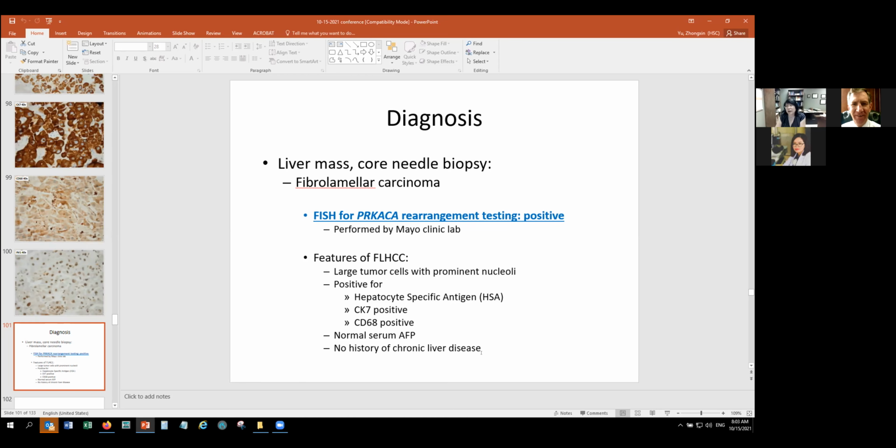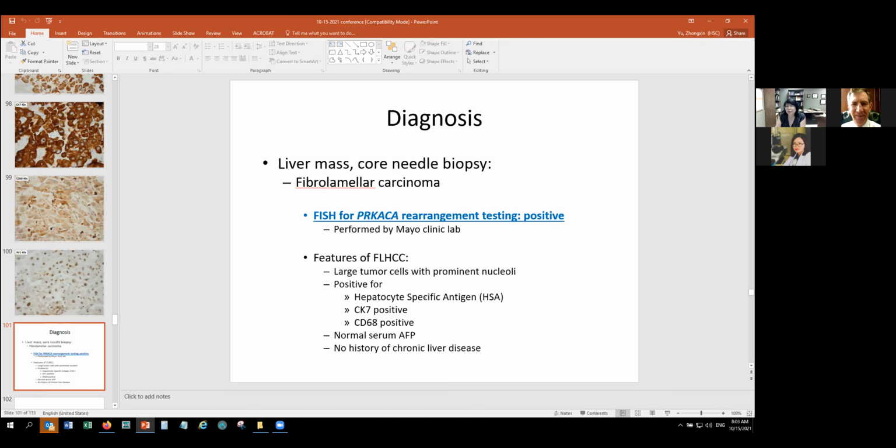This is important for us to distinguish this type from regular conventional hepatocellular carcinoma, because in the pediatric population, conventional hepatocellular carcinoma usually develops in a liver with background disease, with cirrhosis, or alpha-1 antitrypsin deficiency.